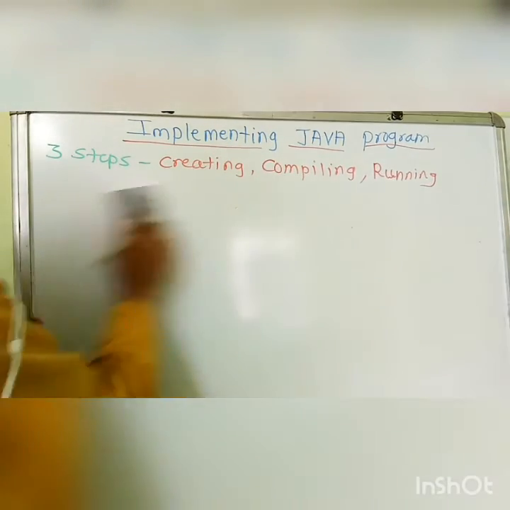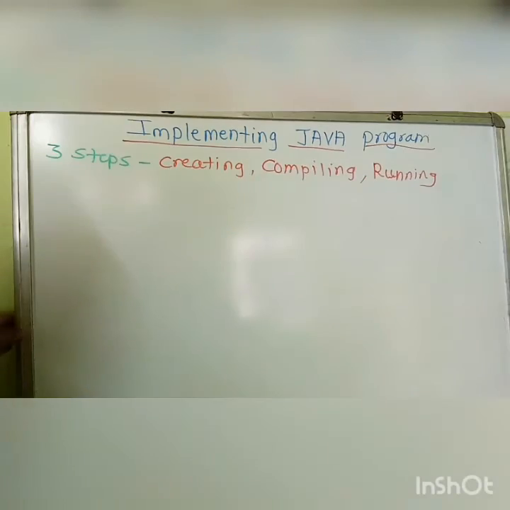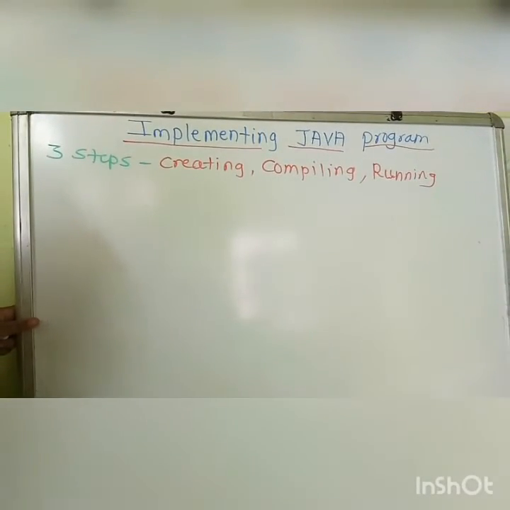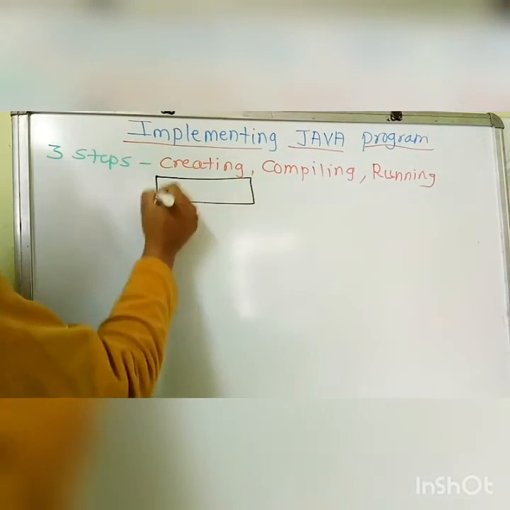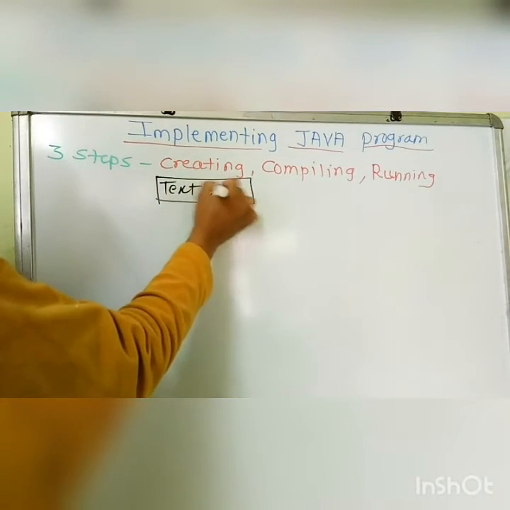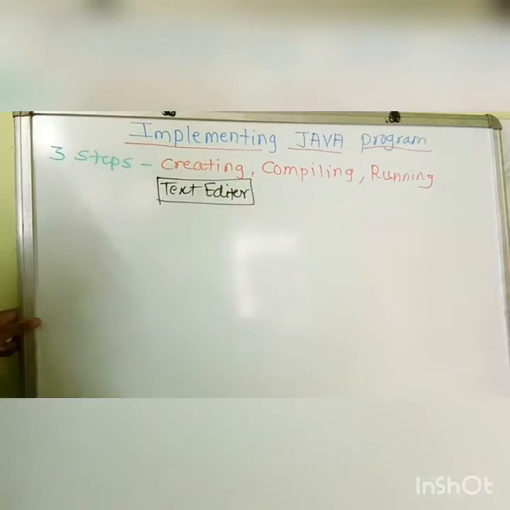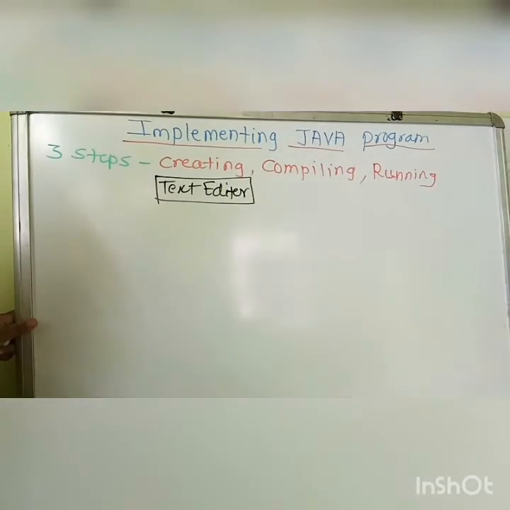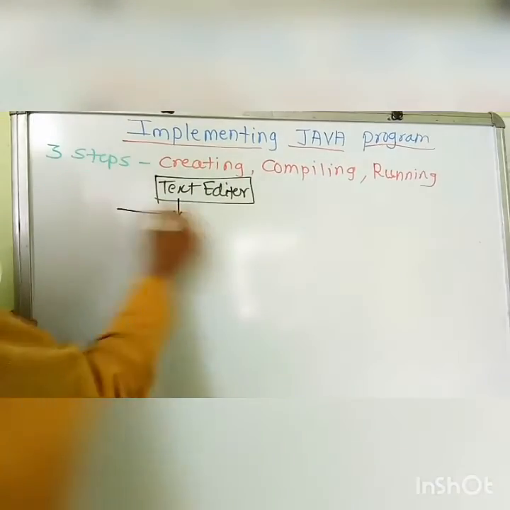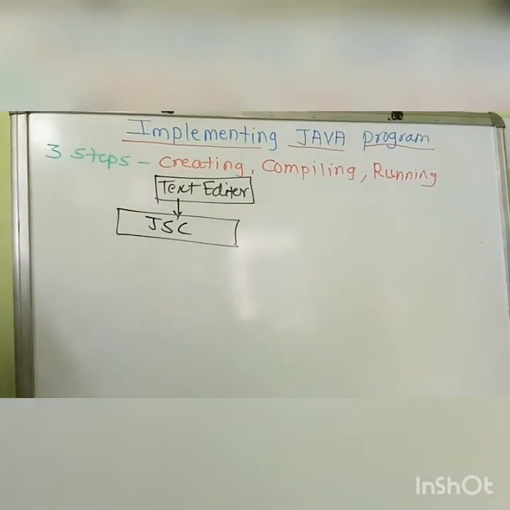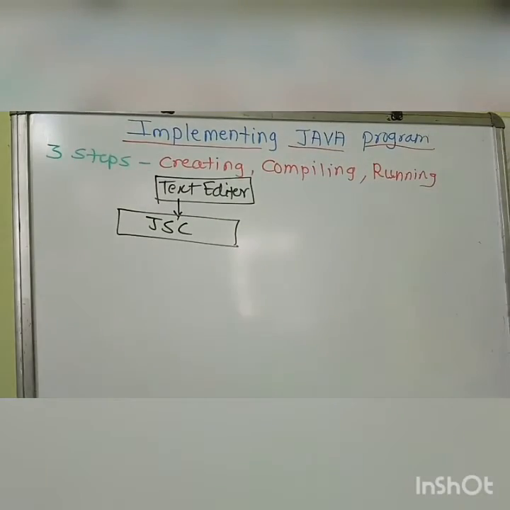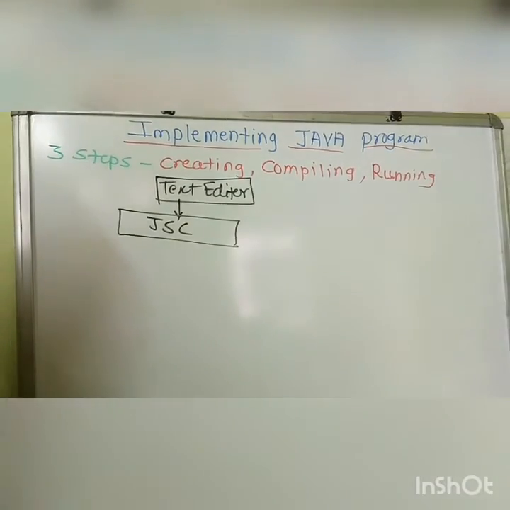So we will go to the next step, that is running. Now, how to run the program? First of all, we have to take a text editor to type a program. Then the Java source code is generated, that is, our typed program is available here.